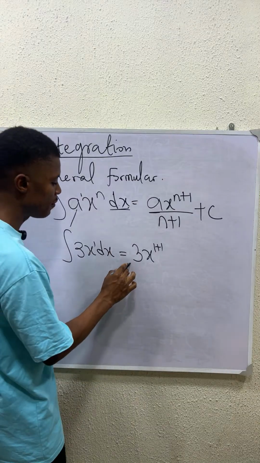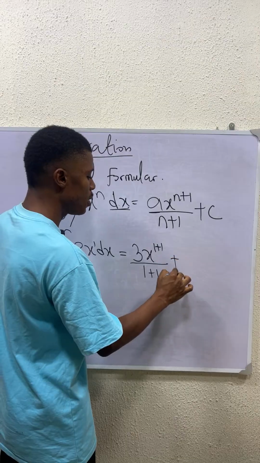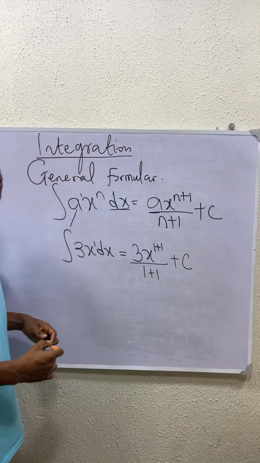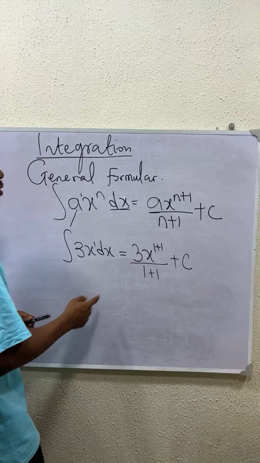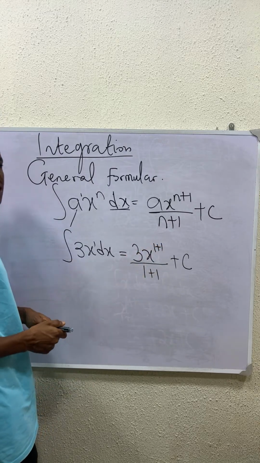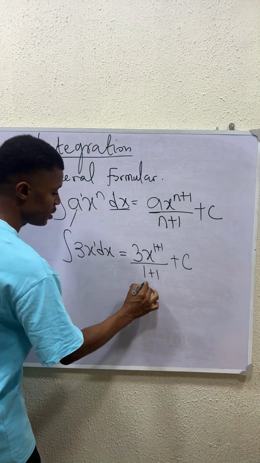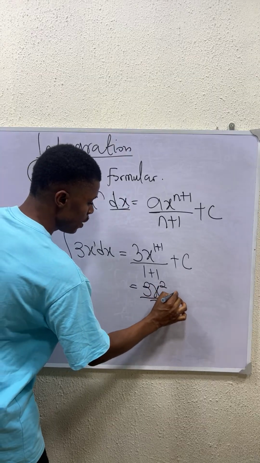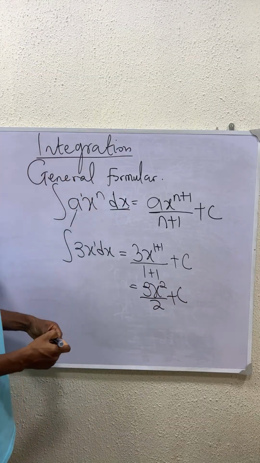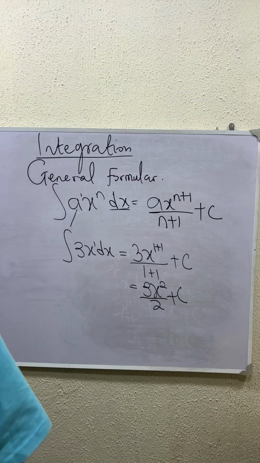Then I have to divide by the new power, 1 plus 1, plus c. c is always the constant of integration. Since you have this, 1 plus 1 is basically 2. So the general integral for this is 3x to the power of 2 over 2 plus the constant of integration. This is the easiest way to integrate a function.